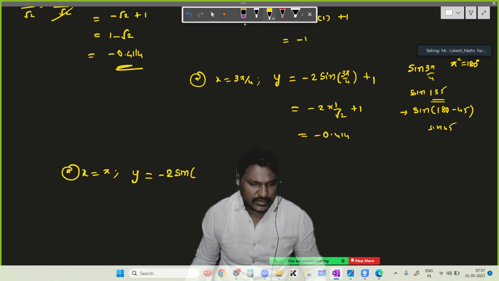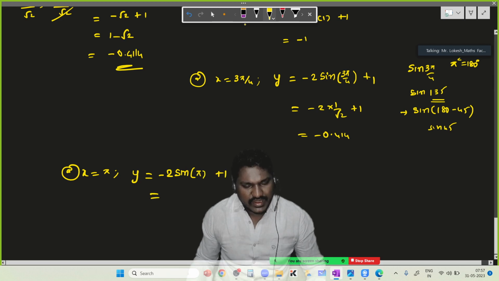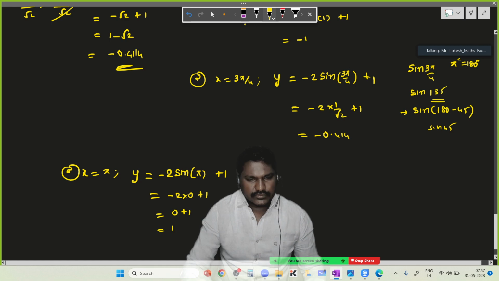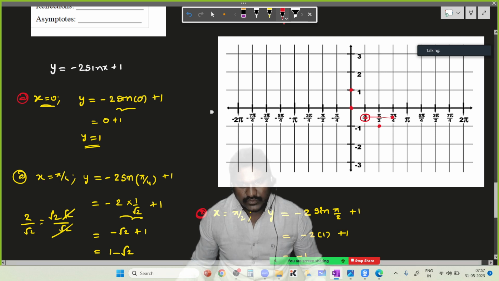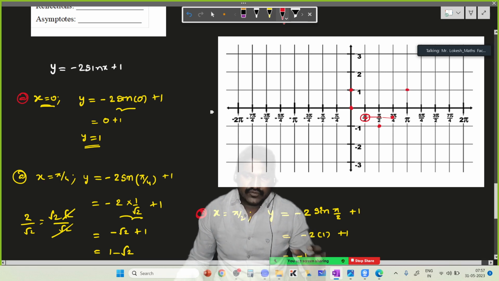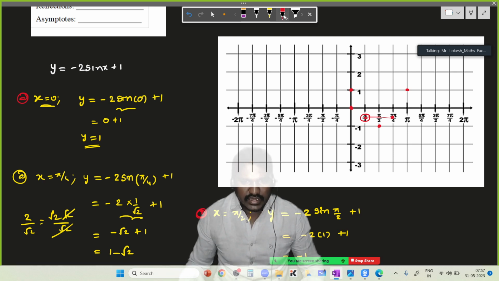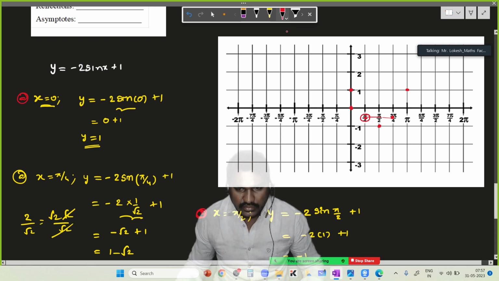You need to substitute the value of pi in place of x, and we know the value of sine pi is 0. So minus 2 times 0 plus 1, so 0 plus 1 will be 1. So the value at pi will be 1. So 1 means again it will jump to positive y axis. Like that, if you continue, here the graph is more or less like this.